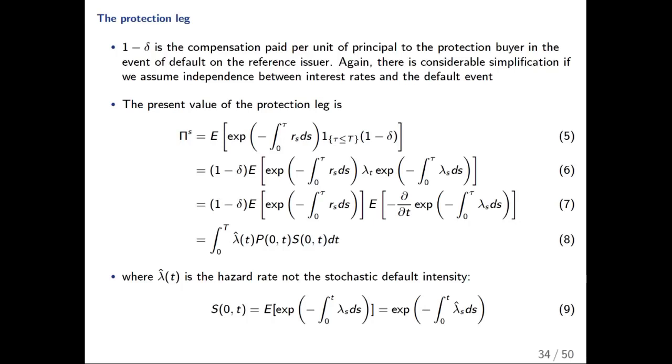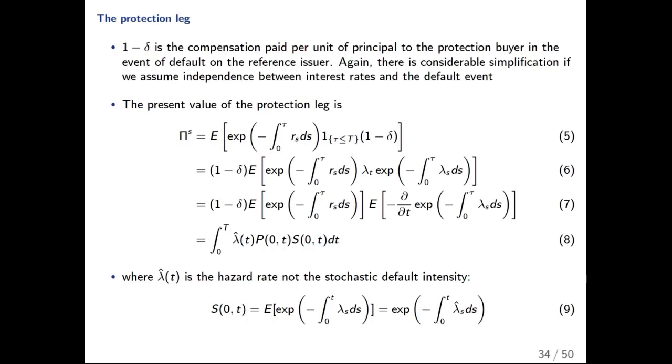So just in notational terms, the probability of default at t is the probability that I survive up until t times the probability that I default in t. So that S should be between 0 and t. Okay?